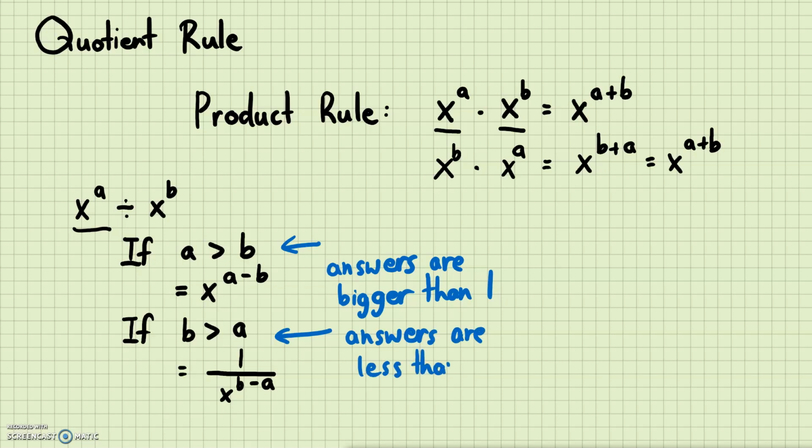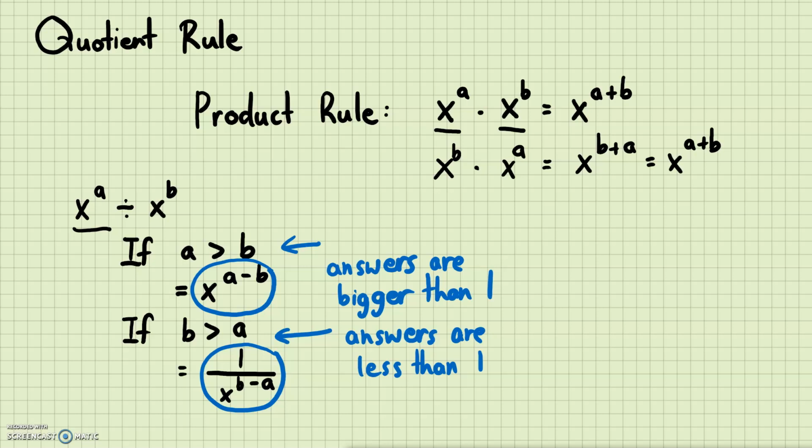And you can see that with our fractions here. If a is bigger, x is going to be raised to some positive exponent, so that's going to be bigger than 1. In our case here, x is going to be raised to some positive exponent, but it's going to be 1 over that, so it's going to be less than 1.